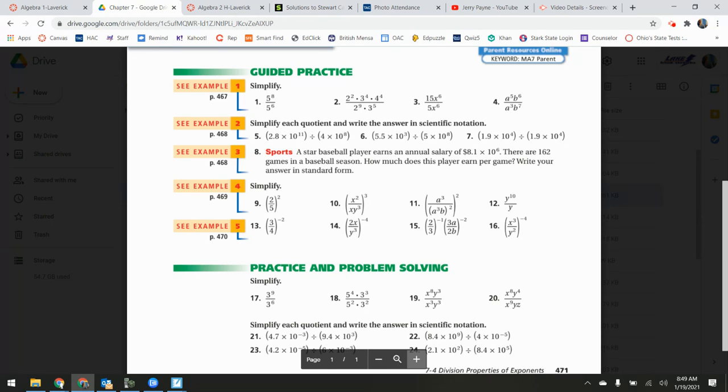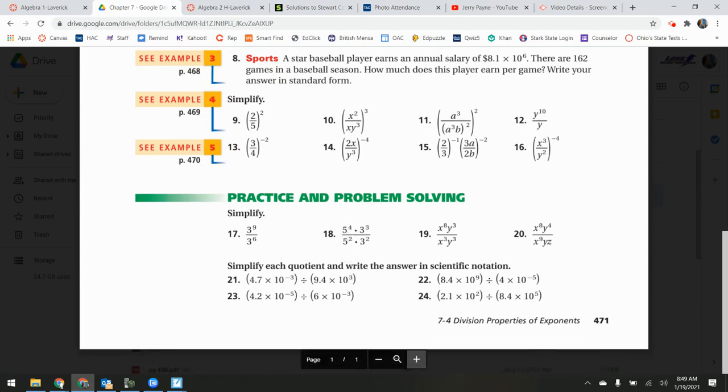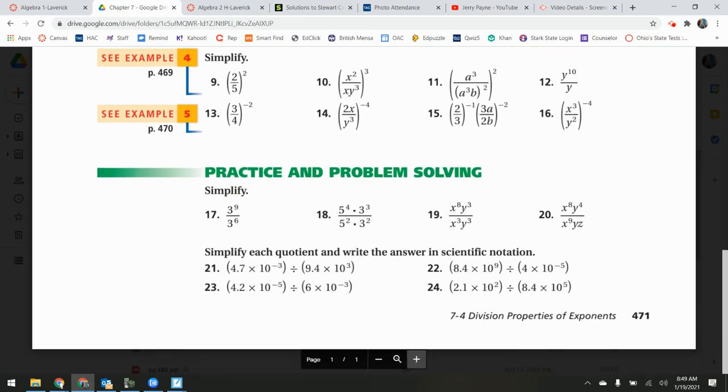We got 18 to 44 evens. All right, I'm going to have you guys answer some questions for us. Oh, there you go. Right in the back. All right. Number 18.